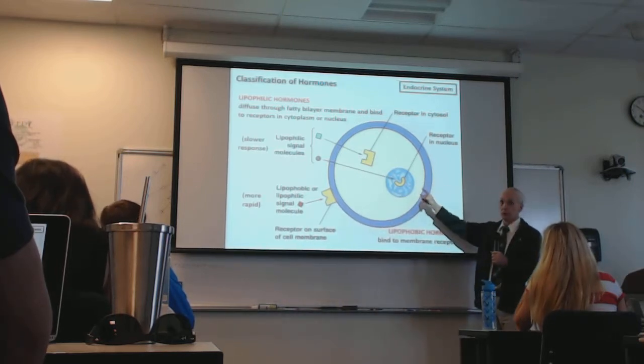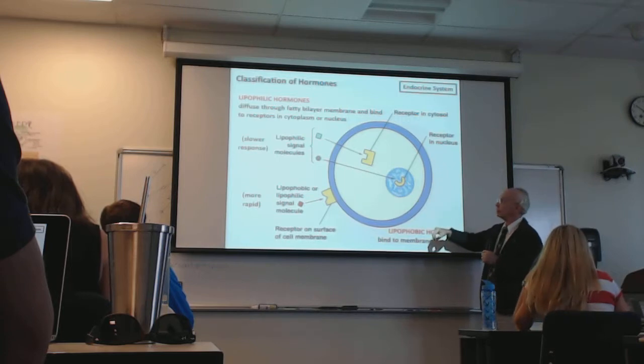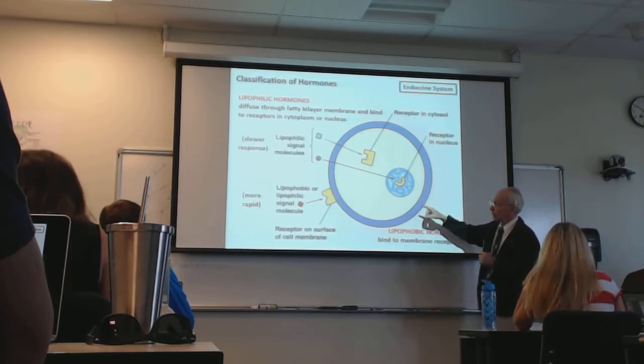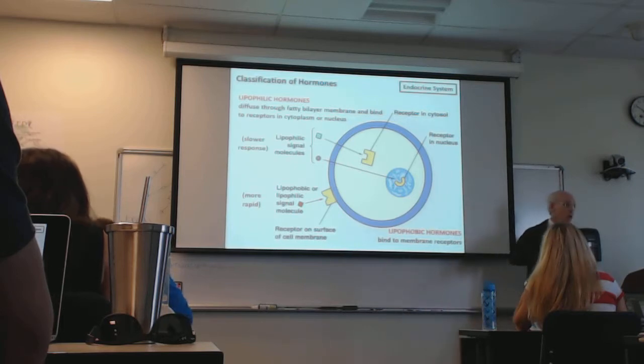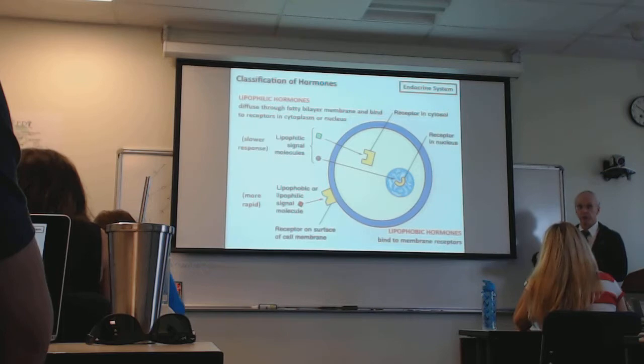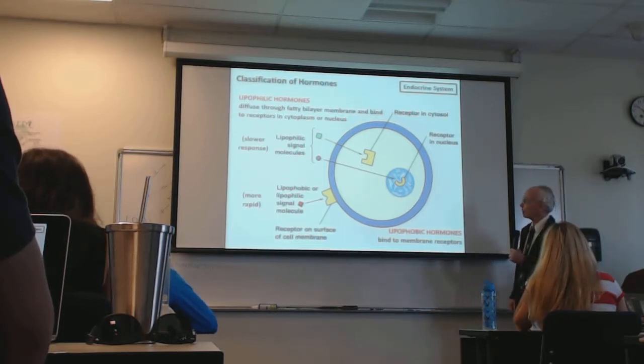And so that's the primary function of these hormones that bind intracellularly. And hormones that bind at the cell membrane may or may not act as transcription factors, we're going to find out. But if they do, they must utilize a much less direct pathway to do that.